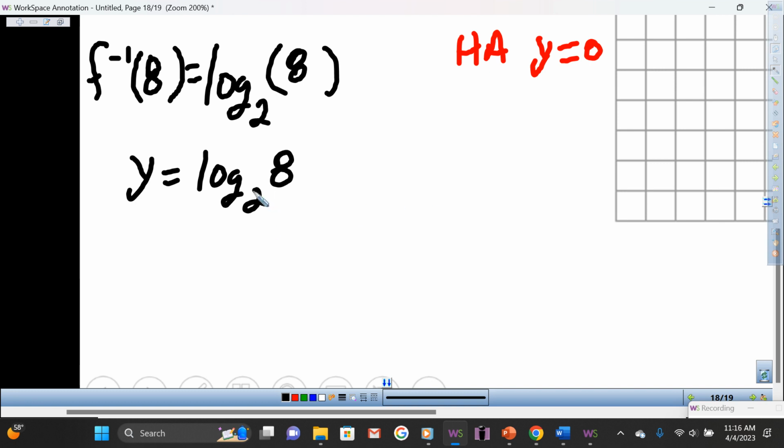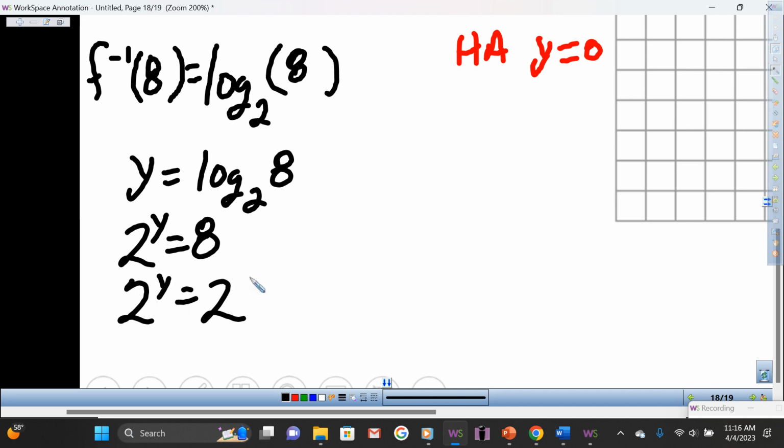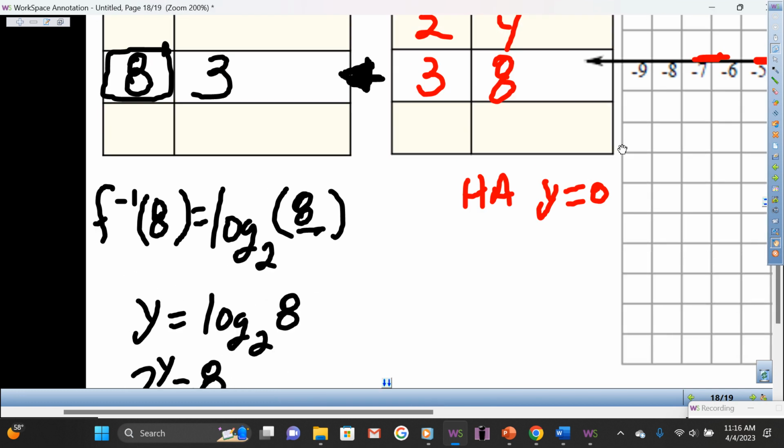Continue, Diego Romo. Thank you. Continue, Alyssa. 2 to the third, so that means y equals 3. So when x is 8, what is y? 3. Let's see if it's true. Did we write that?